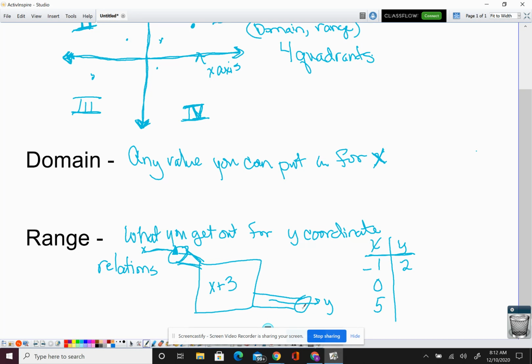When I put 0 in, add 3 on, I get 3. When I put 5 in, I add 3 on and I get 8. So we're creating a table of ordered pairs following this rule. So we have our relation between x and y is the rule x plus 3.